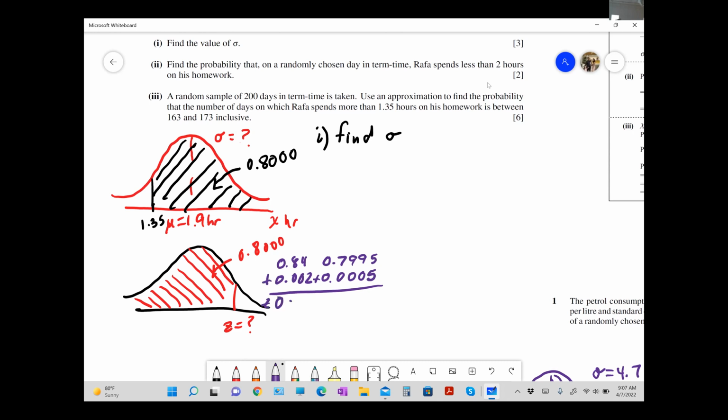But for a z-score of 0.842, you arrive at an area of 0.8000. So this z-score here is 0.842. Therefore, this guy here can be represented as negative 0.842. Do we understand this? If you don't, yes.